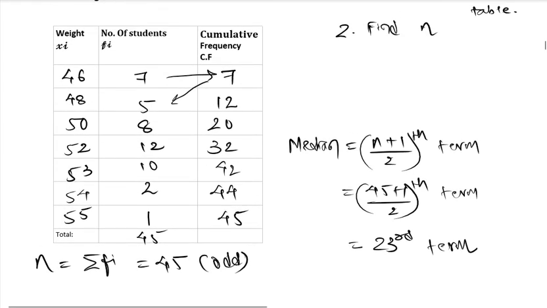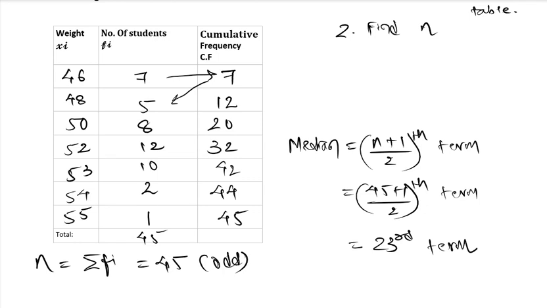Now, where is this 23rd term? This is really tricky and you should pay a lot of attention over here. What do you mean when you say the weight 46 has a cumulative frequency 7? Please listen very carefully. It means that the weight of the first 7 children is 46, right?